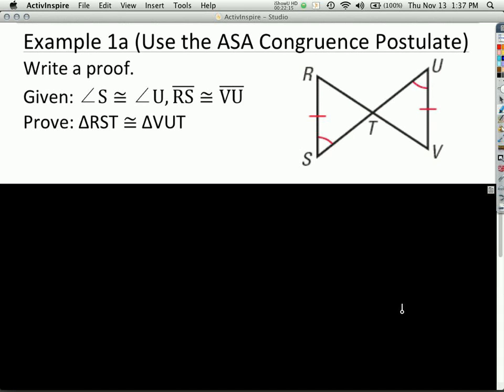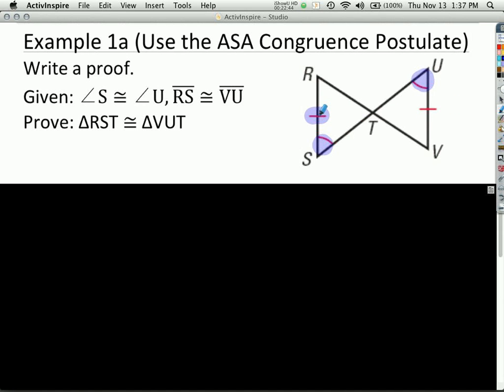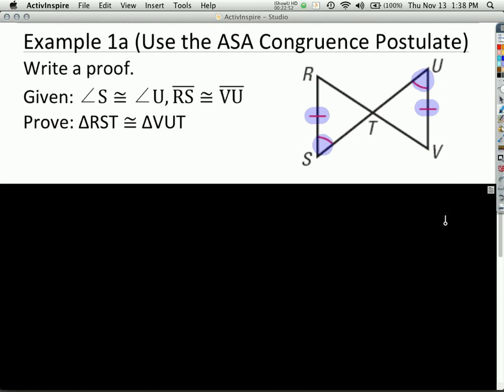So, look at the diagram. Could someone tell us what we've got so far? Stephanie? So out of the 3 pieces of concrete evidence, we already have 2 of them. So we already are given this is congruent to this, and this is congruent to that. I'm asking that we use angle, side, angle.